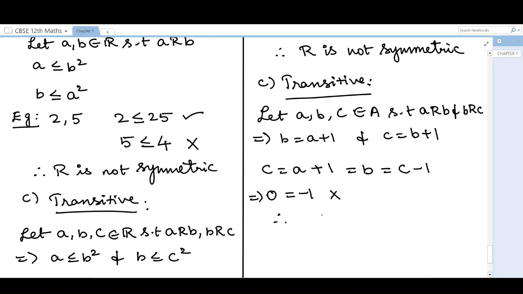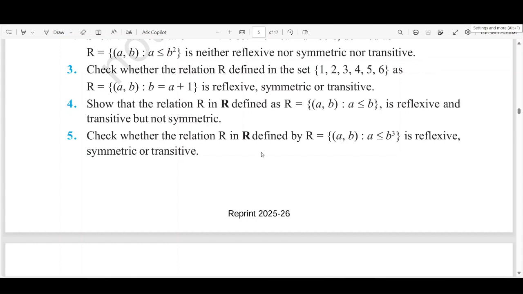Therefore, A is not related to C. Thus, the relation R is not transitive. So, thus we have verified that the given relation is neither reflexive nor symmetric nor transitive.